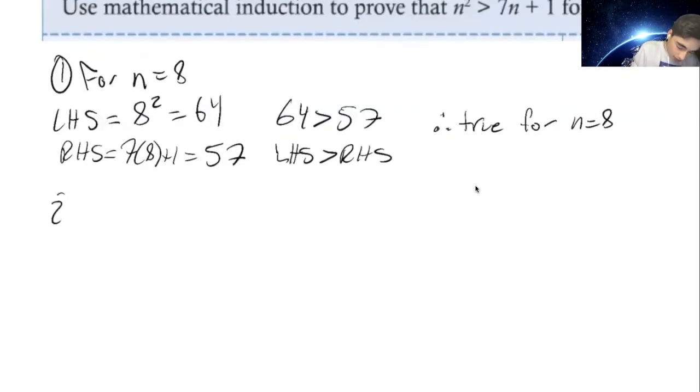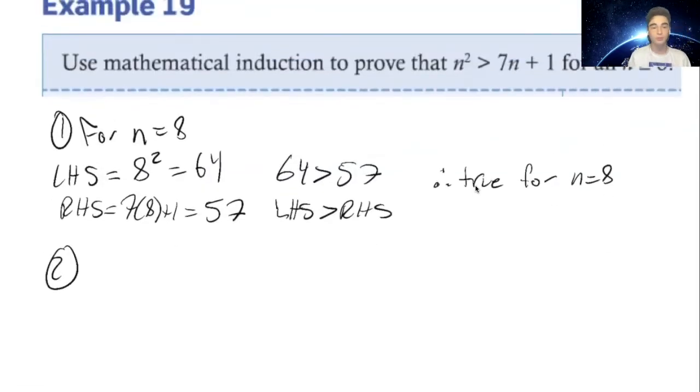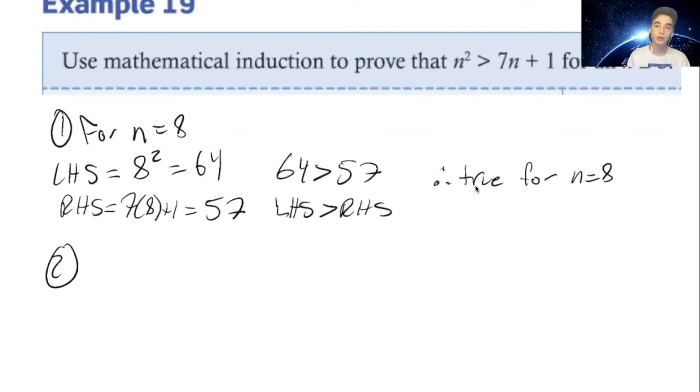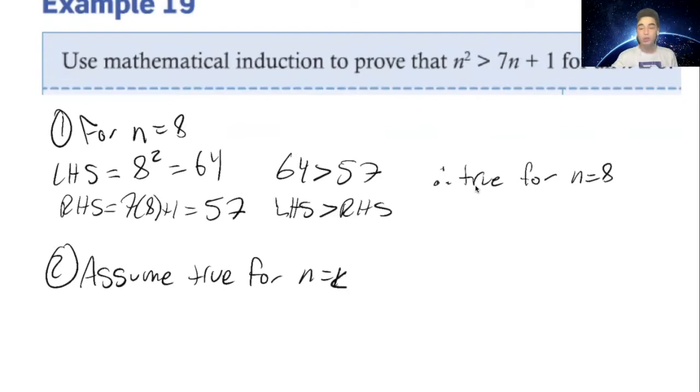Second step is the easiest step. 1 and 2 are very easy. 3 is the only hard one. We have to just say, assume true for n equals k. So all we're doing is plugging in k for all values of n, just to set the basis for step 3, which is moving up a level with k plus 1.